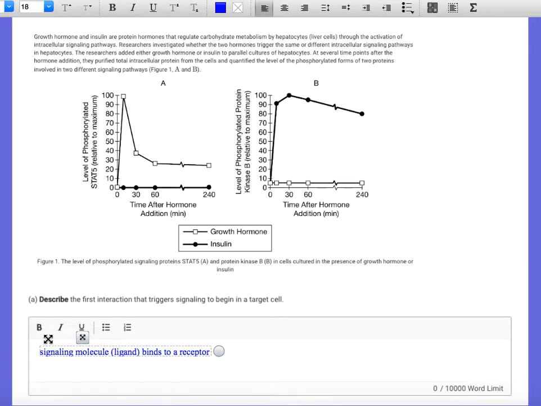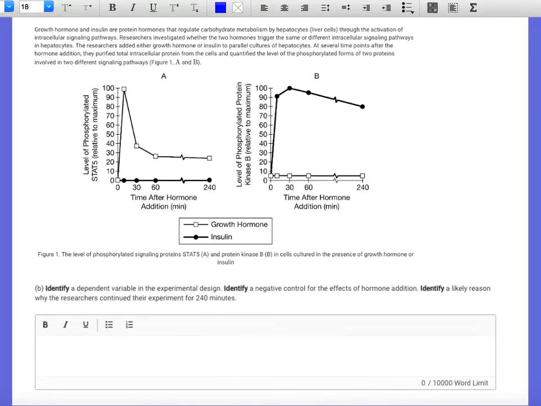Whether it's inside the cell or outside the cell depends on whether it's a polar hormone like epinephrine, or a non-polar hormone that can go through the cell membrane, like a steroid, like testosterone or estrogen, which will bind to a receptor in the cytoplasm. But either way, there's a signaling molecule, aka a ligand, that's going to bind to a receptor and promote a cellular response. So just very basic stuff.